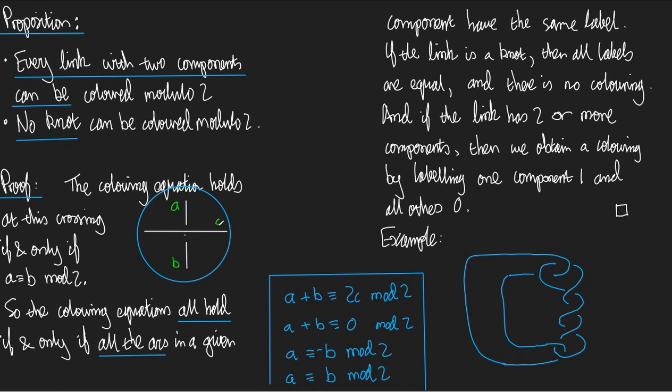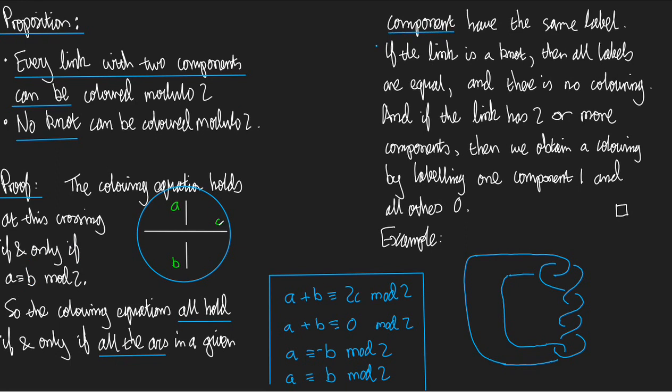As I pass underneath the crossing, I move between different arcs which potentially have different labels, but actually, since the coloring equation holds, they have the same label. So to recap, the coloring equation holds at a given crossing if and only if the two understrands have the same label. So the coloring equations all hold if and only if all the arcs in a given component have the same label.